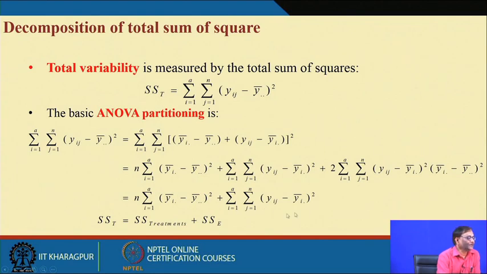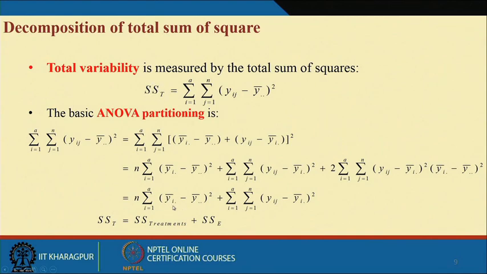When each of the observations is subtracted by the grand mean, squared and summed, this is the sum of squares total.